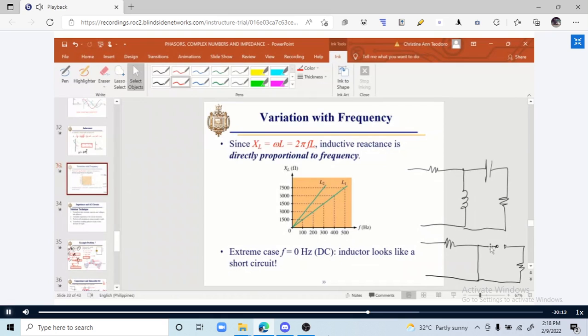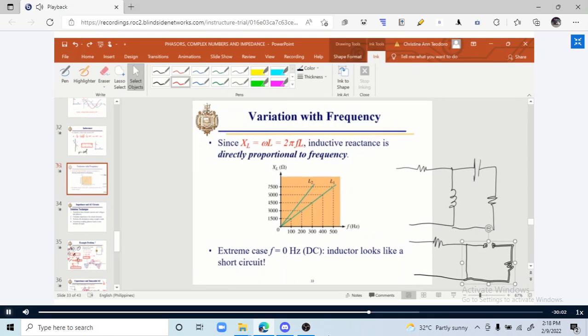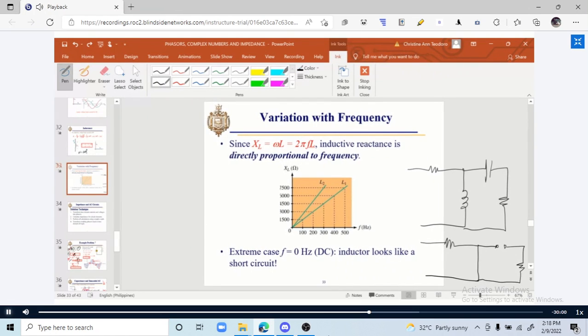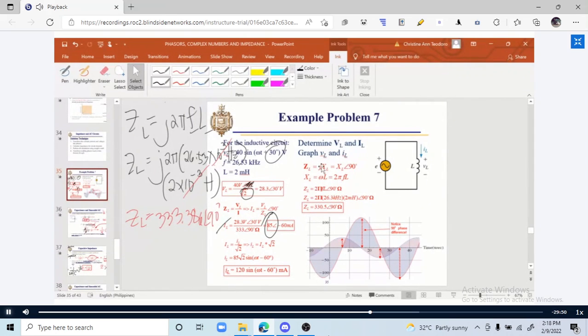When we say shorted, it is just like a wire. This is open actually. Should be shorted.